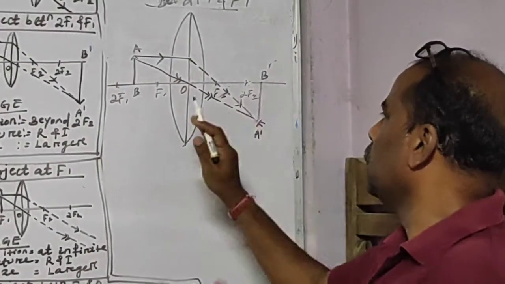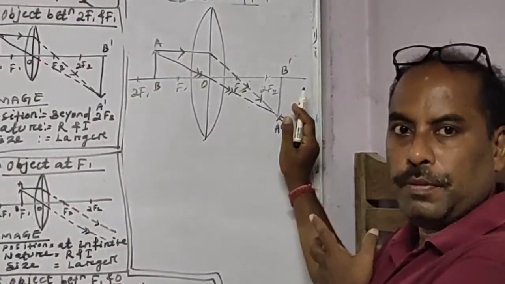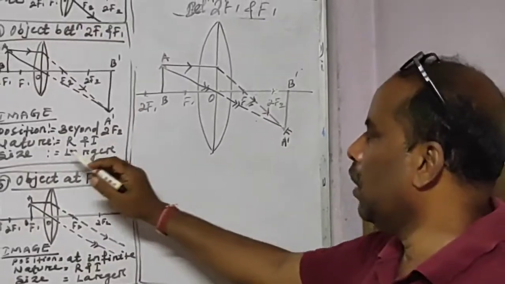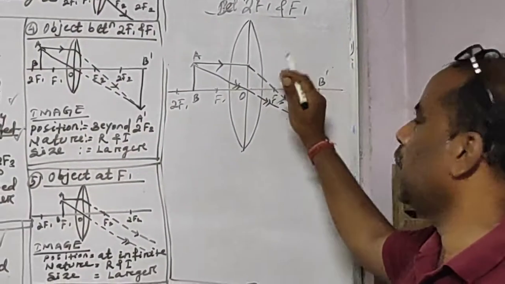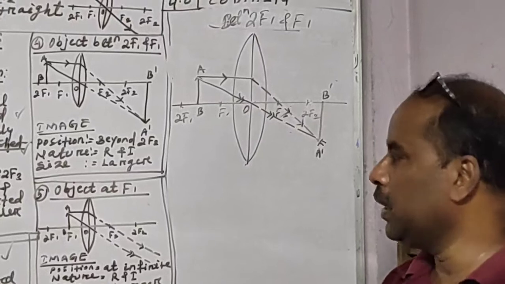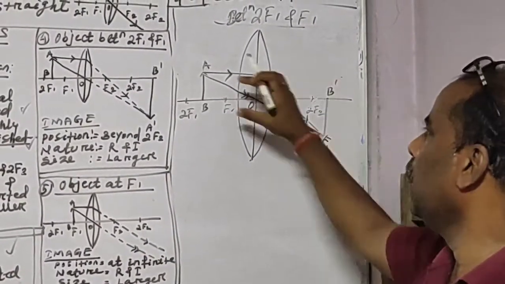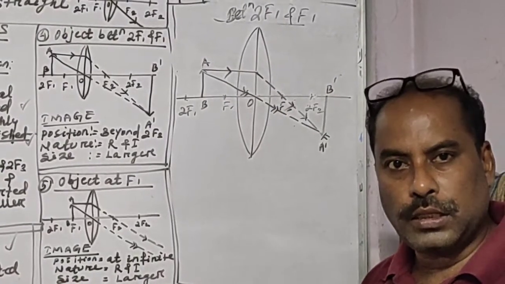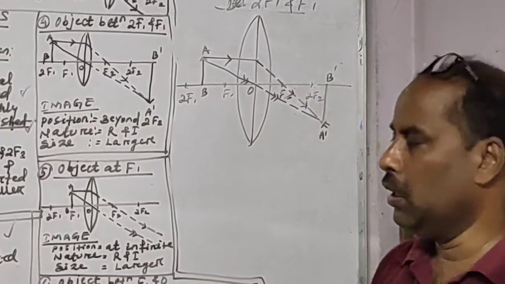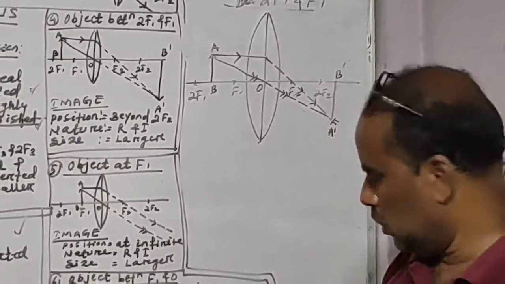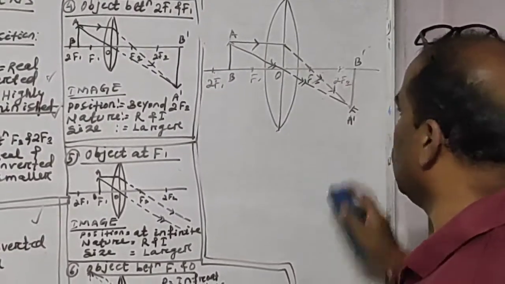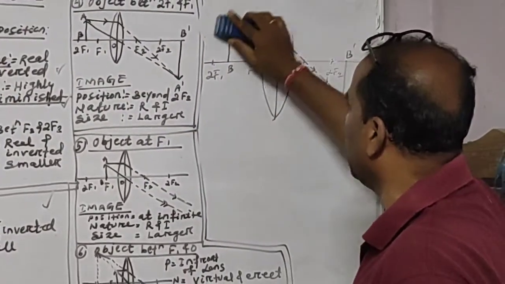This is 2f2. So the image will go out of 2f2, that is beyond 2f2. Now the nature will be real and inverted, because this side is real, so it will be inverted. Then the size will definitely be larger than the object size. Clear?